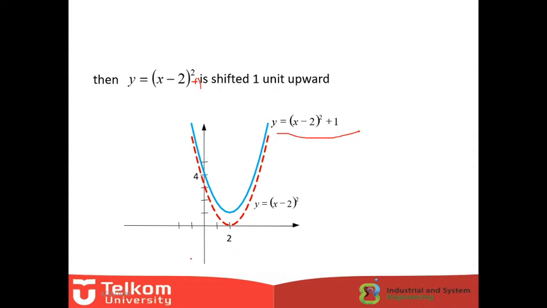This is how you can make the translation using the function. In the next part, we already defined the first one, the linear function, and the second one, the quadratic function.